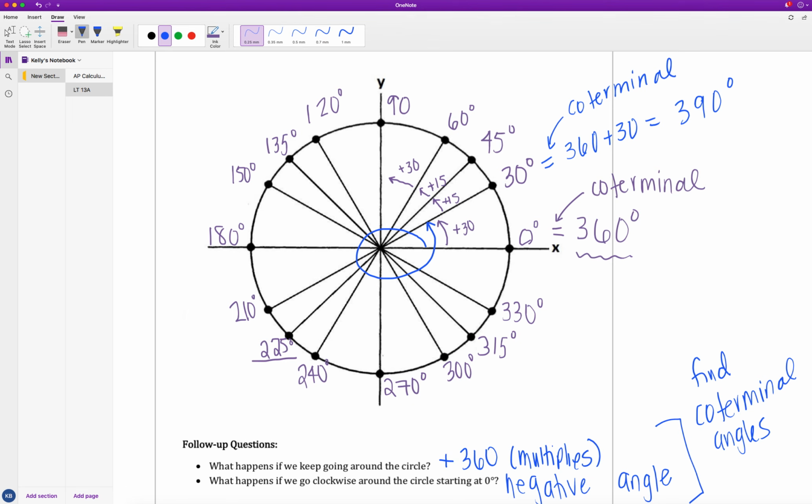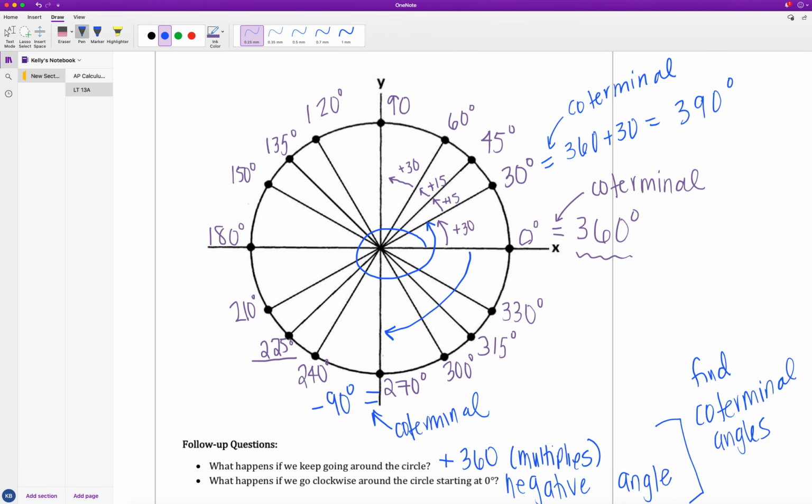So let's do one where I start at 0 and rotate to here. Well, if I go to this guy, this would be equivalent or coterminal to negative 90 degrees, because I moved 90 degrees total down, since it was a quarter of the circle, but it's negative because I'm rotating clockwise for this angle.